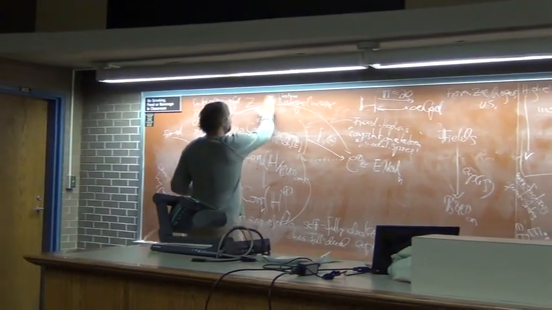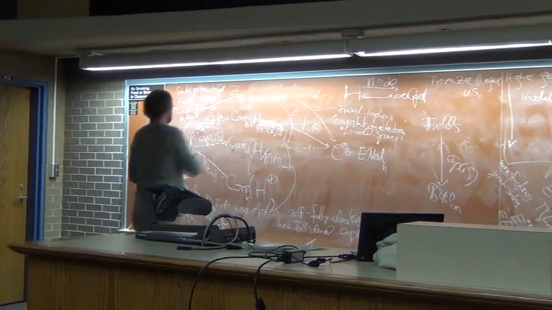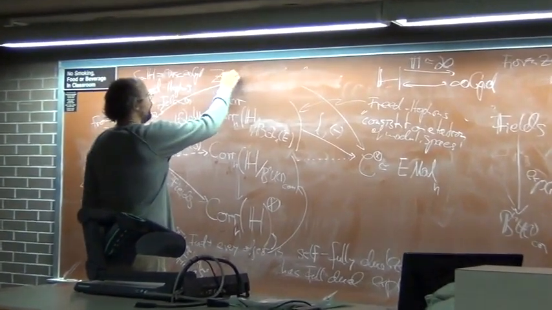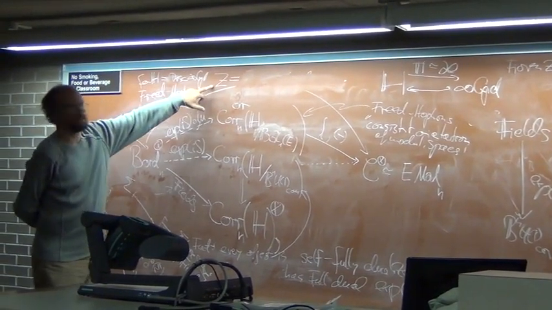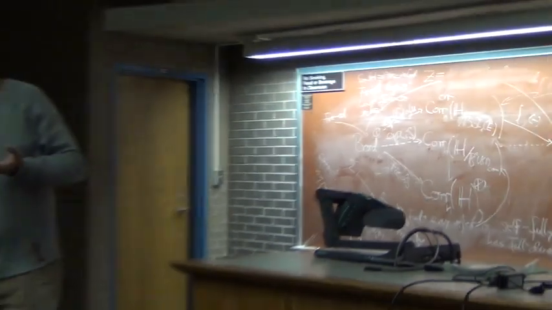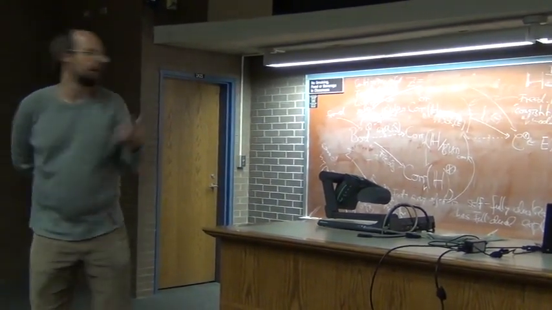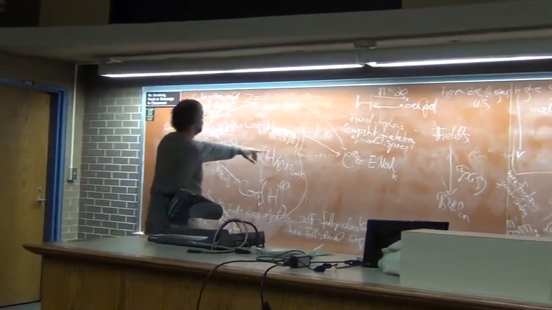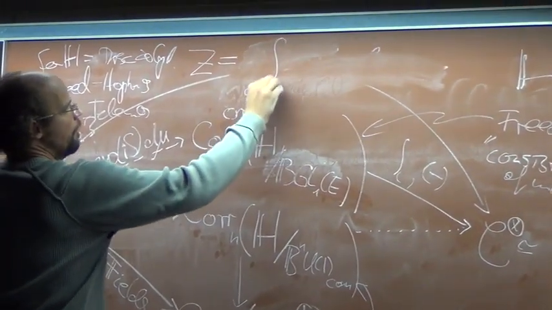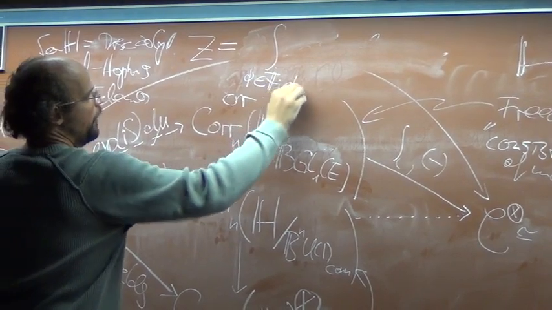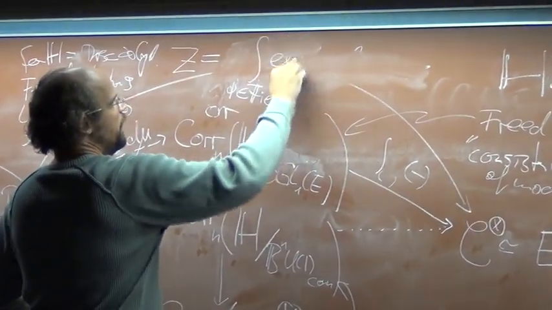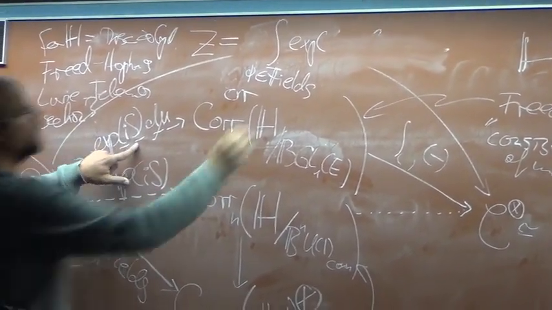I think it's the right step. So you see, once we have this, then we can say, aha, now we've realized our original Z, the one we started out with, as arising via quantization from geometric data. Just by putting this together, you see it's the composite of the functor that integrates fields, which is this data, over this space and integrates the action functional.